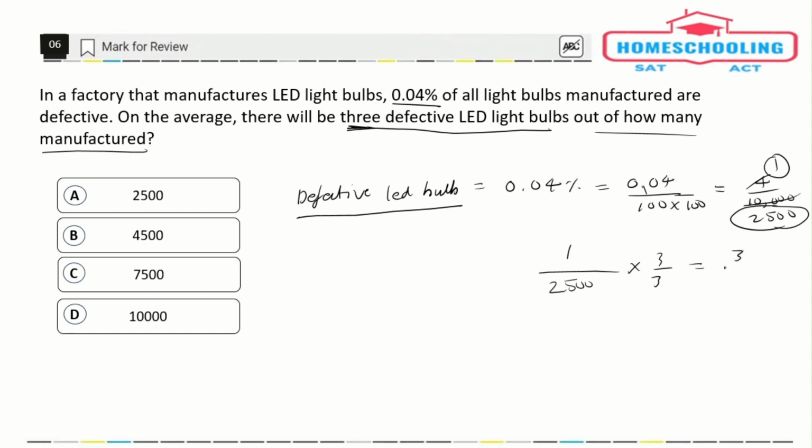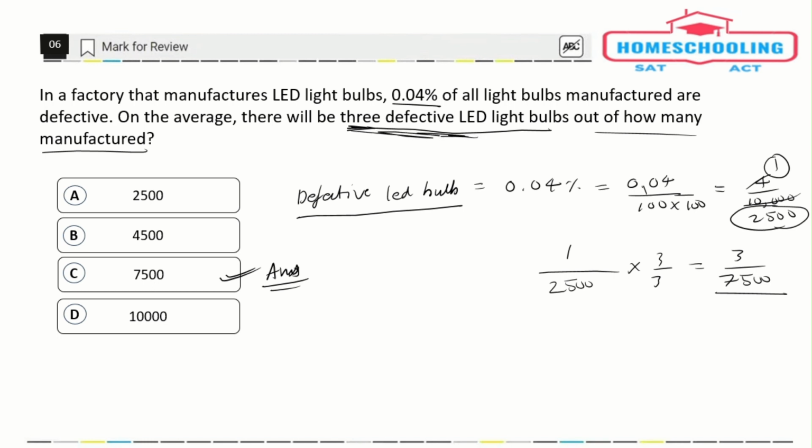So 3 by 7500. So 3 defective bulbs would be out of 7500 bulbs. So this is going to be your answer: in 7500 total manufactured bulbs, there will be 3 defective bulbs.